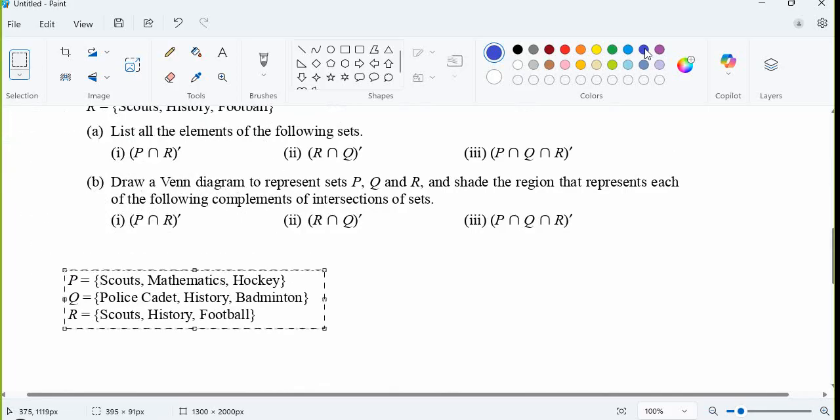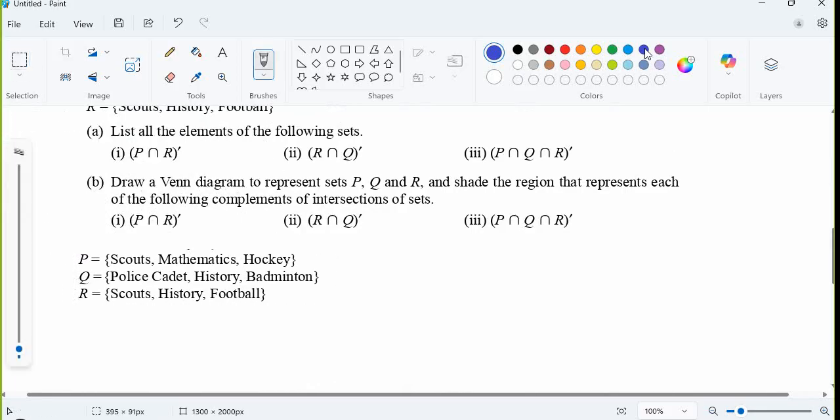So we know that for P intersect with Q, police cadet, history, badminton. So P and Q. Scout, Q doesn't have scout. Maths, Q doesn't have maths. Hockey, Q doesn't have hockey. So this is another set.